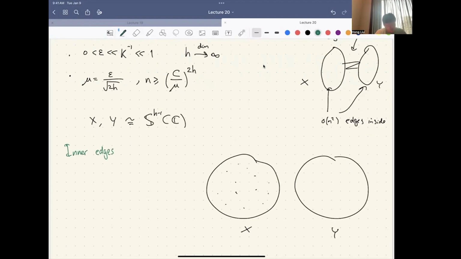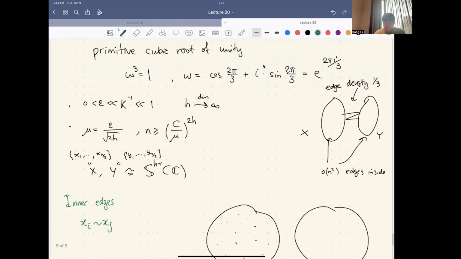Inner edges are easy. Let's say the vertices are x1 to x n over 2, and y1 to y n over 2. So xi, xj form an inner edge if and only if one is a rotation of the other by omega, this cubic root.